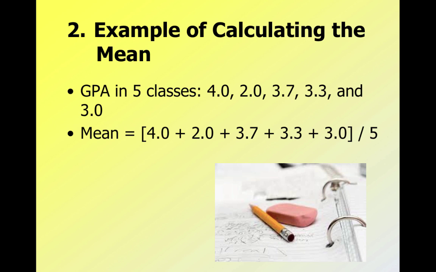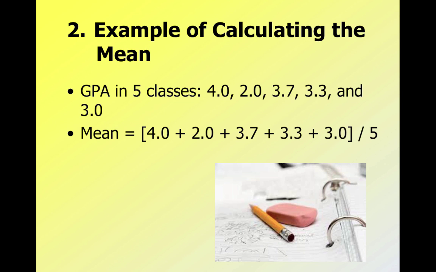We have 5 classes. Notice that I have brackets or parentheses around the numerator. Because we're typing this out, we must use parentheses to notate order of operations. If you're familiar with the acronym PEMDAS, parentheses, exponents, multiplication, division, addition, subtraction, we must tell ourselves what mathematical operations we do first, second, third, and so on.